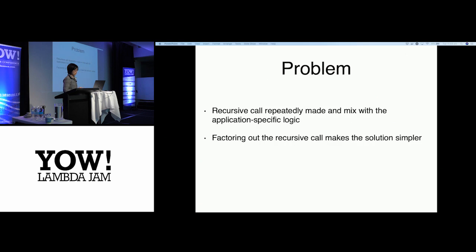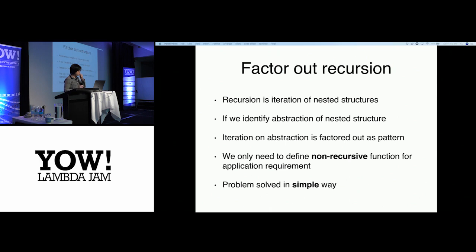Now the problem is that these recursive calls are repeatedly made and mixed with the application-specific logic. It would be great if we could filter out these recursive calls to make the solution simpler. If we take another look at recursion, we can find that recursion is indeed iteration over a nested structure.